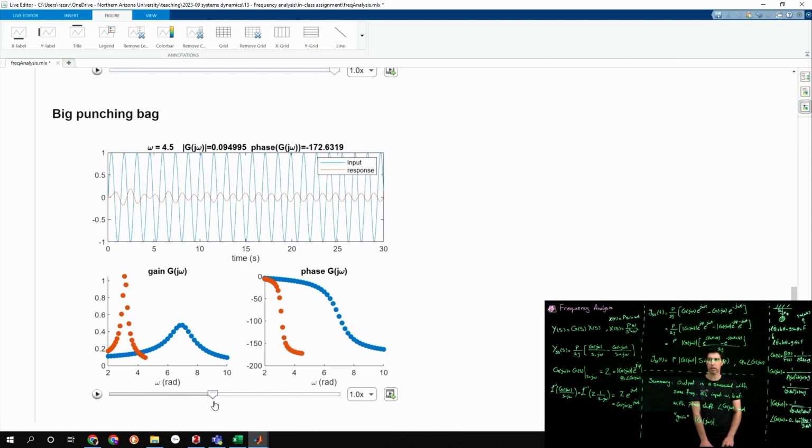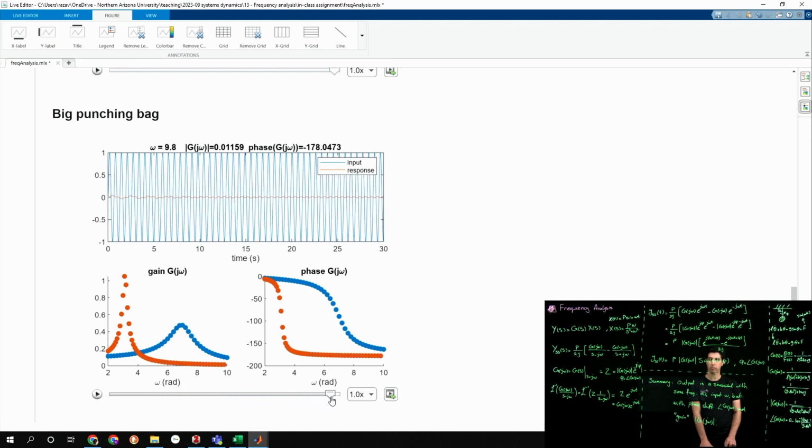And similar to the other case, the amplitude reaches 0 as omega increases, and I converge to minus 180 degrees phase shift. So just by looking at the gain and phase of the two transfer functions for the bigger and smaller punching bags, I can readily see how the two systems behave differently under the same input given different varying frequencies.